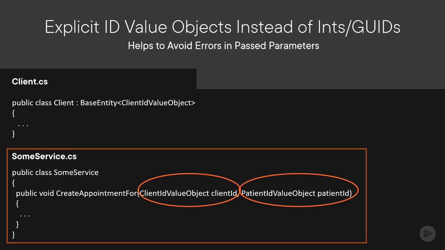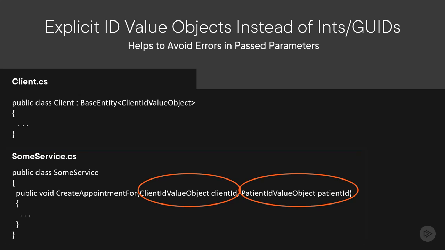If those IDs were both GUIDs, the runtime code would allow you to accidentally pass them in the wrong order because the signature is only constraining that you pass in two GUIDs. And that could create a big problem when you're trying to build an appointment. But with the specialized value objects, you can tightly constrain the parameters to avoid this problem, rather than adding a lot of extra logic elsewhere to protect you from making that mistake.